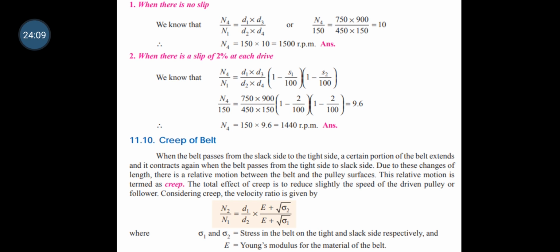And second condition, when there is a slip of 2% at each drive, the same formula applies. When considering the slip, N4 divided by N1 is equal to D1 into D3 divided by D2 into D4 into 1 minus S1 divided by 100 into 1 minus S2 divided by 100. Substituting these values, with S1 and S2 being 2%, finally we get N4 is equal to 1440 rpm.